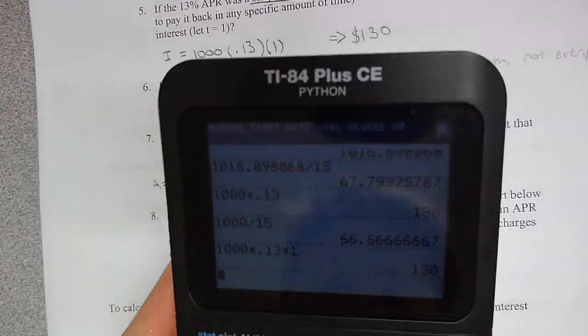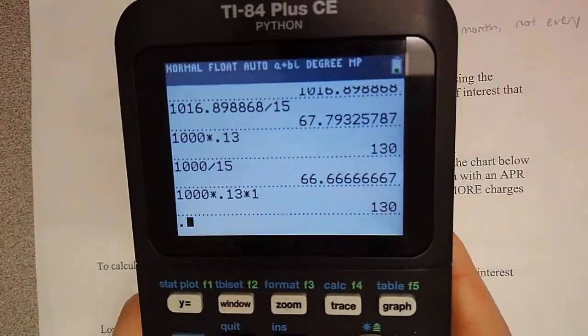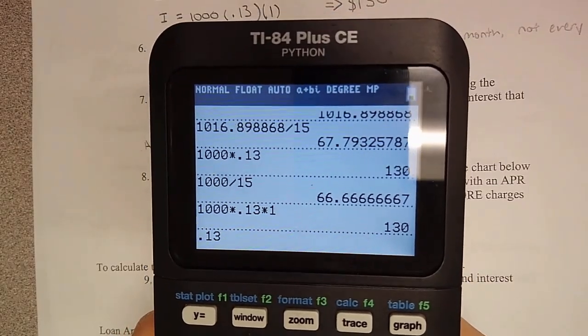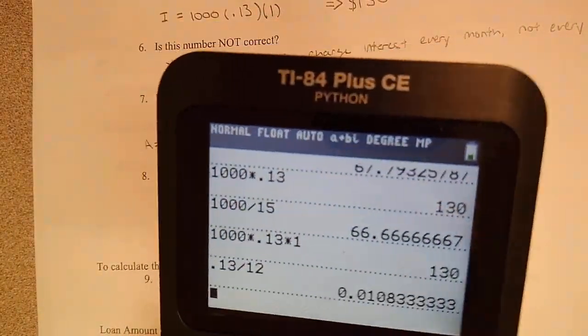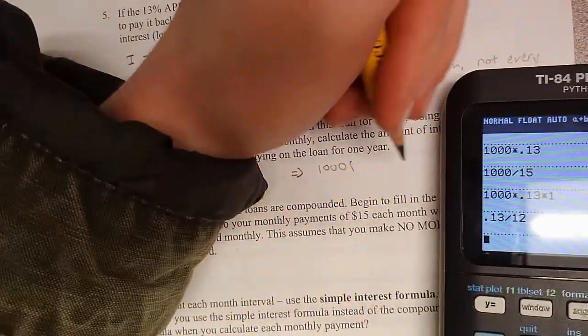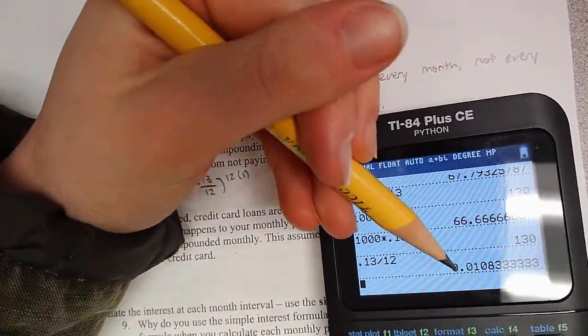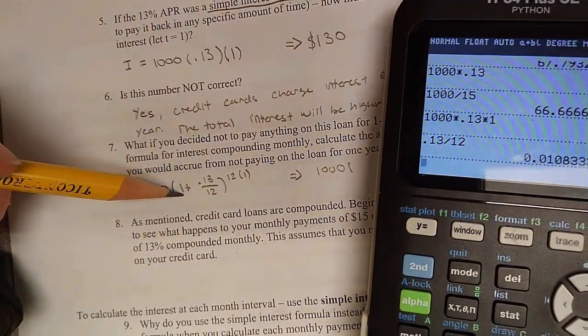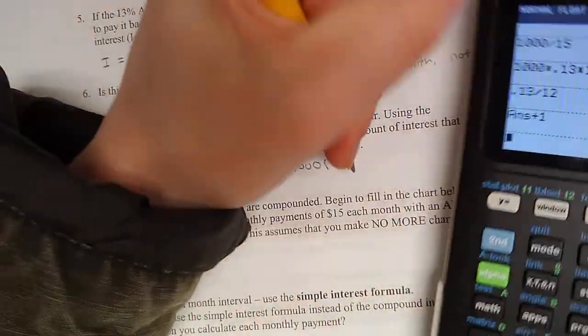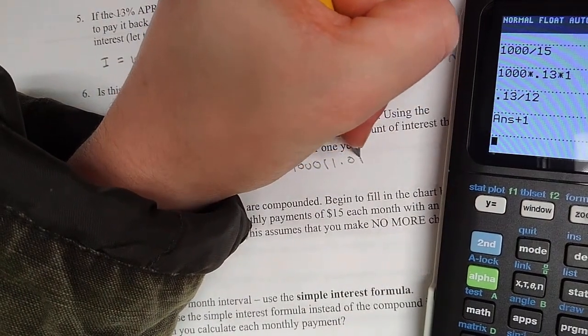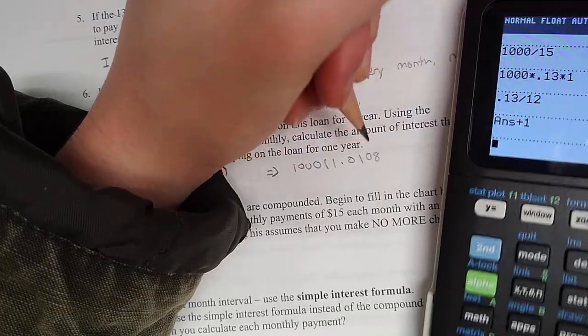Let's find out what that is. So what is 0.13 divided by 12? It's going to be the monthly interest rate, and then I'm just going to add that to 1 right now, because it says 1 plus. Don't forget to do that. So that's going to be 1.0108.